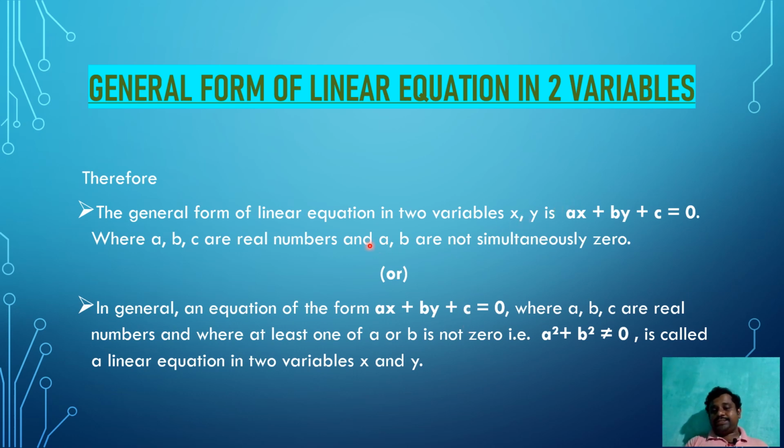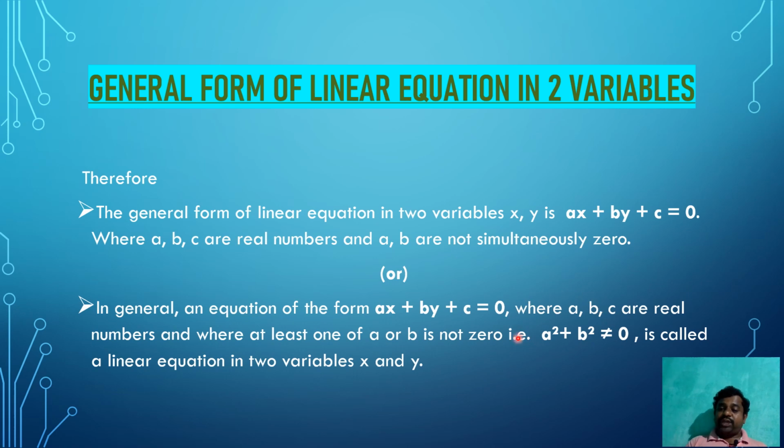Already we discussed here, a and b are not simultaneously 0. That means if a is 0 then b must not be 0. If b is 0, a must not be 0. Then this is written as a square plus b square not equal to 0. This is the condition.